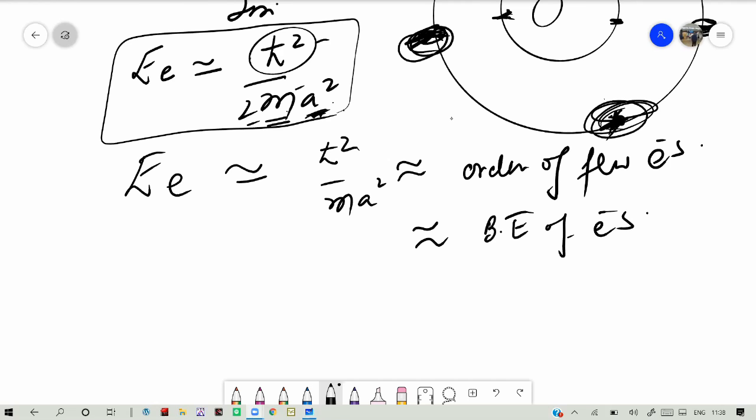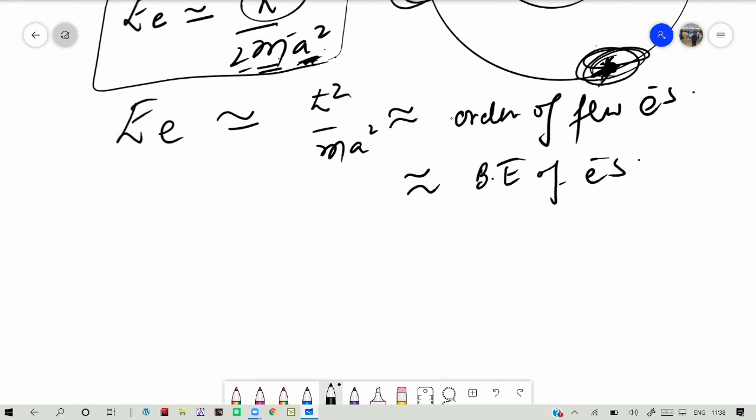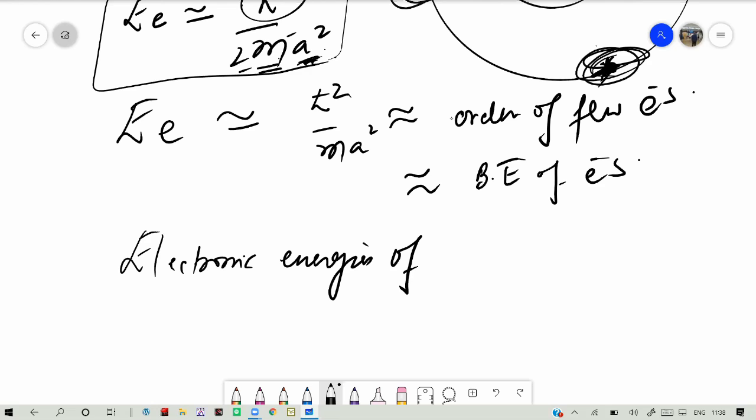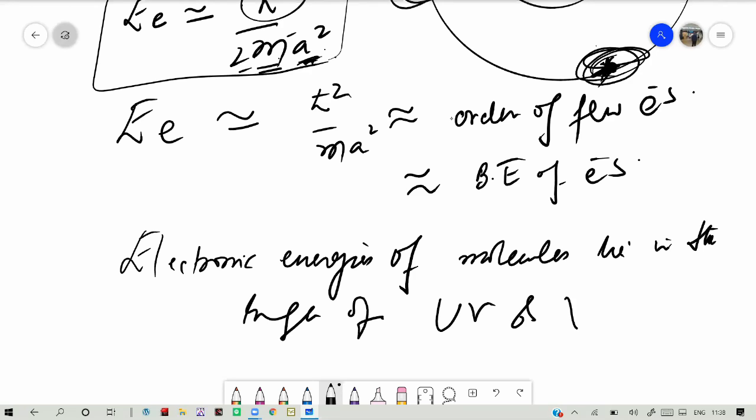Okay, so this means that the electronic energies of molecules lie in the range of UV and visible regions.